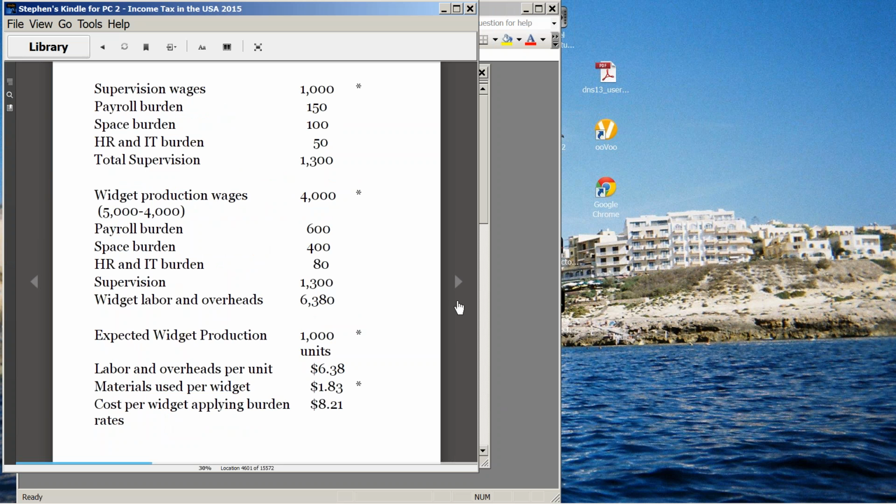Now, in my book, and that's where this example is from, you'll find it in the cost of goods sold chapter. In the book, I talk about doing these allocations as part of determining cost of goods sold. This stuff, though, relates to everything, not just cost of goods sold.